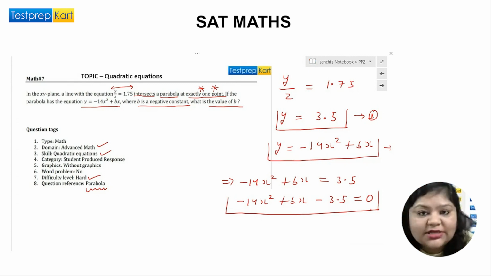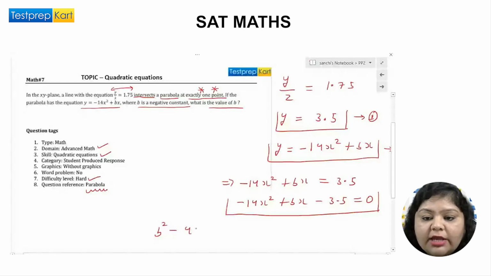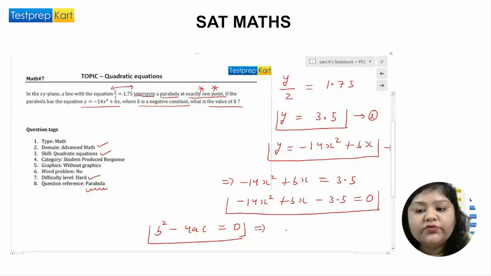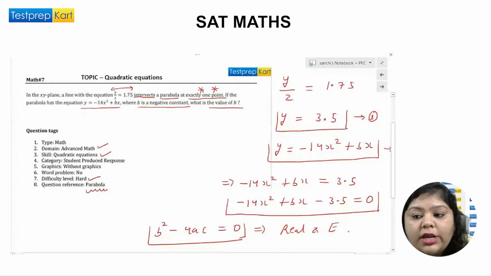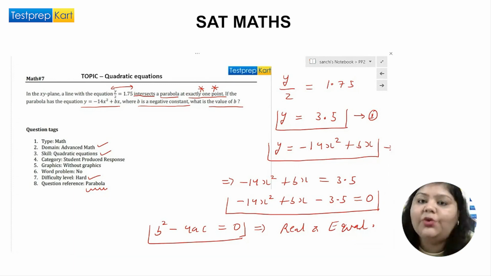Are you getting this thing? See, if the value of the discriminant is equal to 0, that means b square minus 4ac equals 0. Now, what does this mean? In that condition, your roots will be real and equal. And this is the only case which is possible here, because our question is saying they will intersect at only one single point, and the equation is saying there will be two roots of x.